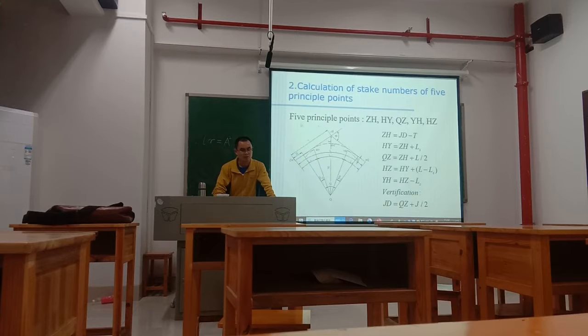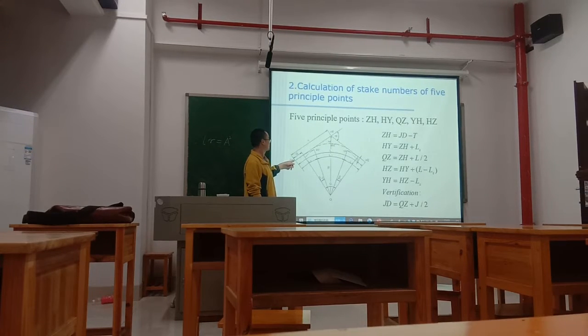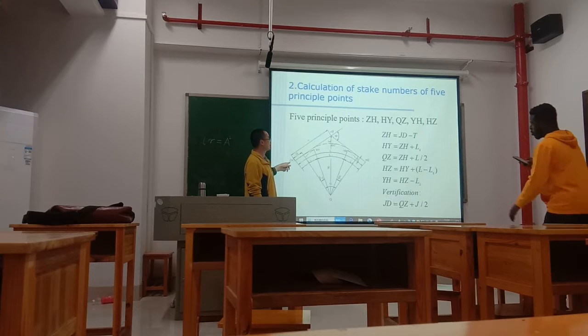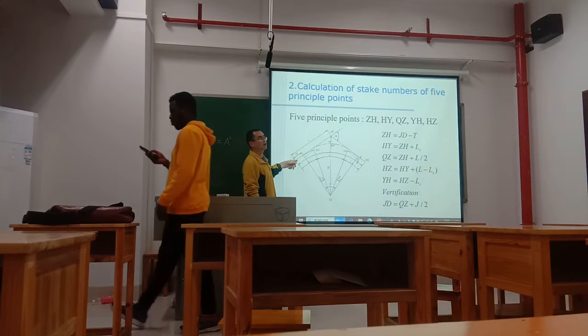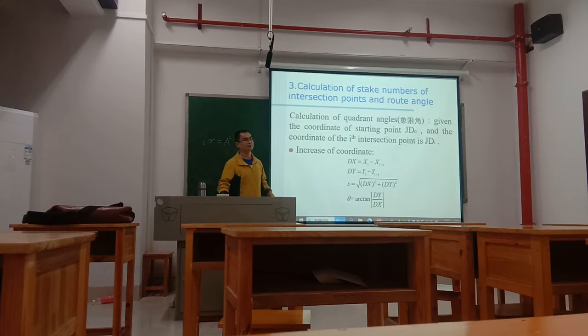The 5 principal points include ZH, the joint between the straight line and the transition curve.